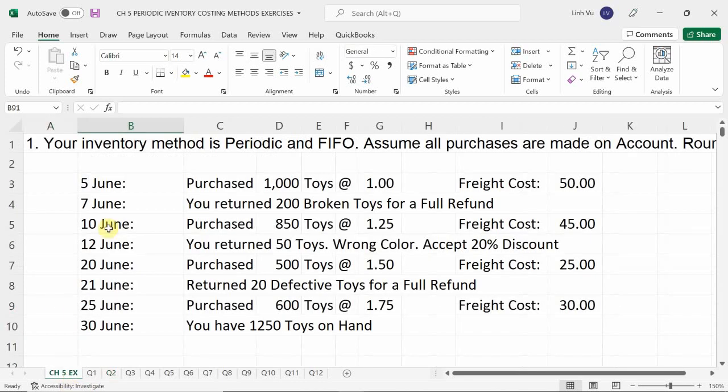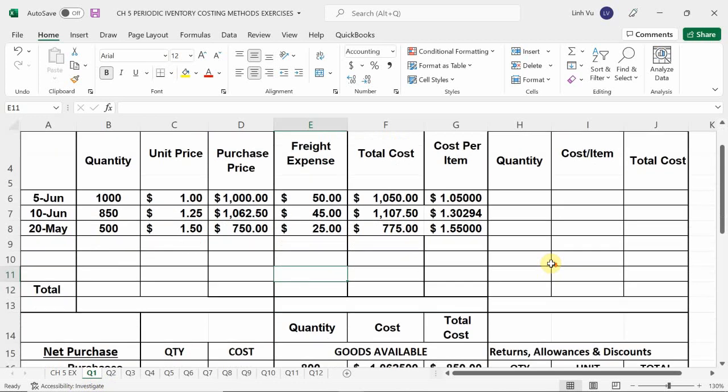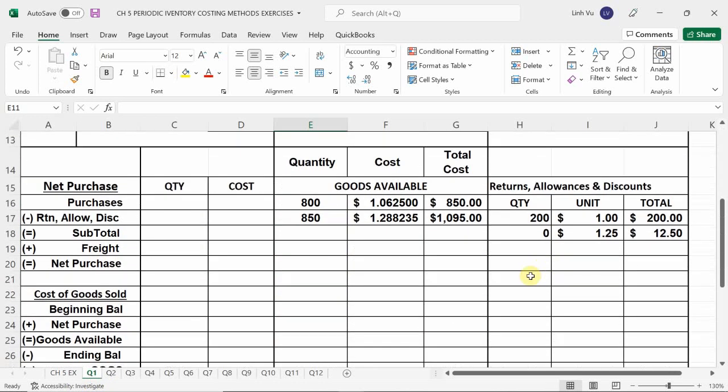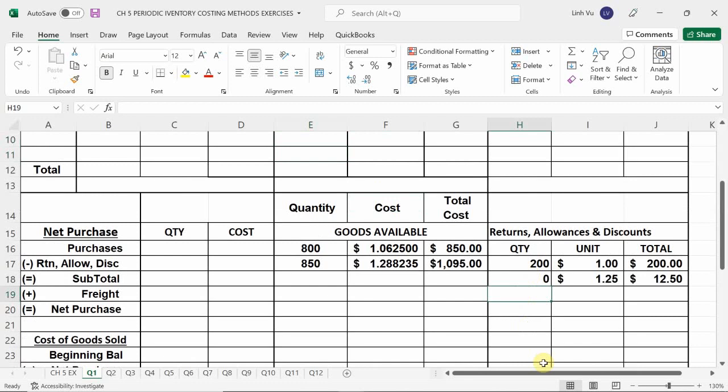So then let's see what happened on the 21st. I end up returning 20 defective toys for a full refund. So in this case, I actually returned 20 units at $1.50 each.